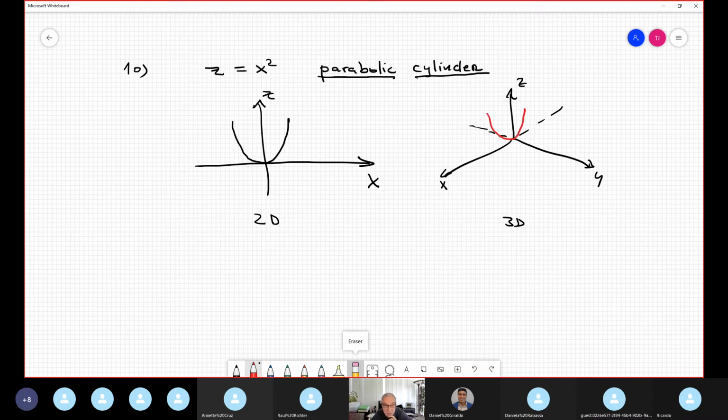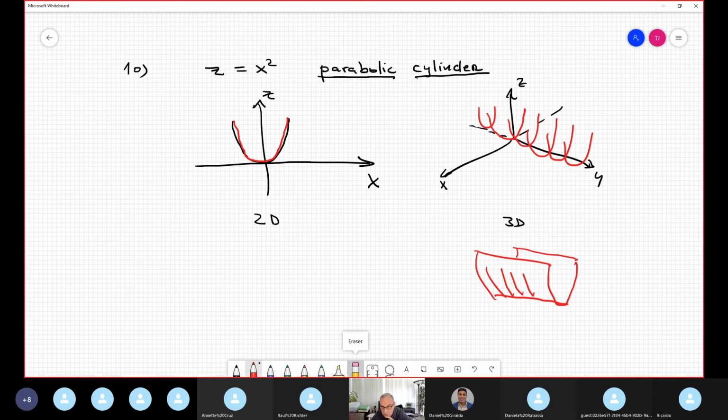This parabola is exactly the same as the one I tried to draw here. But when the Y is missing, it's because this is repeated. So this looks something like that. All right, let me try to do my best. It's like one piece of paper, bent like that. Got it? Do you understand this or not?